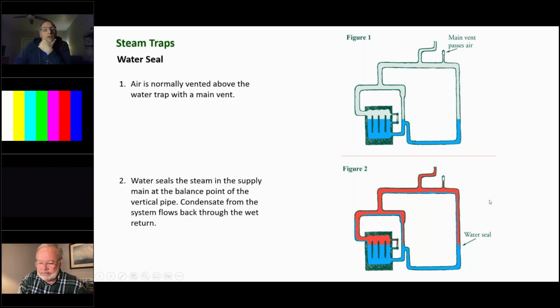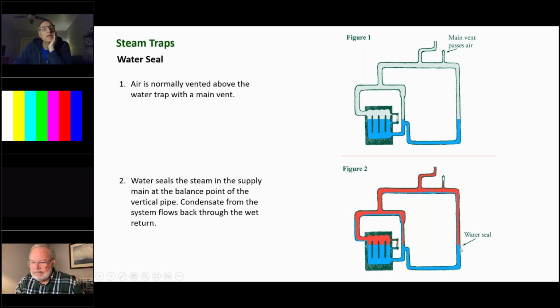The water seals the steam in the supply main at the balance point of the vertical pipe. So basically, condensate from the system flows back through the wet return. It'll feed steam down to that point, and that steam pressure also helps force the water back into the boiler.